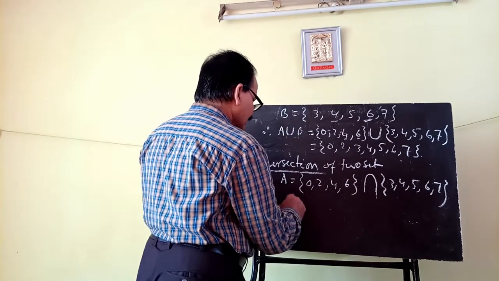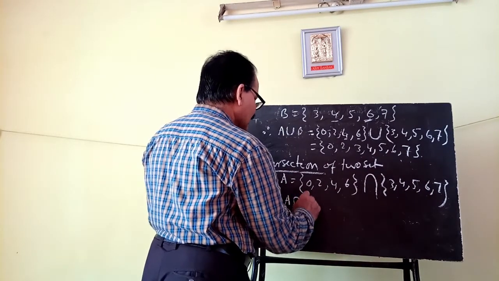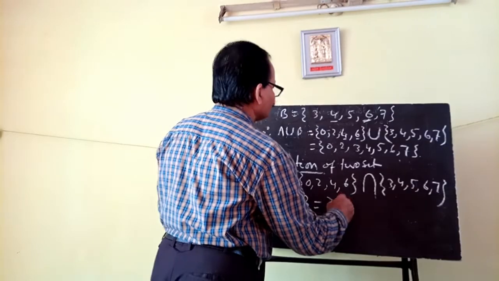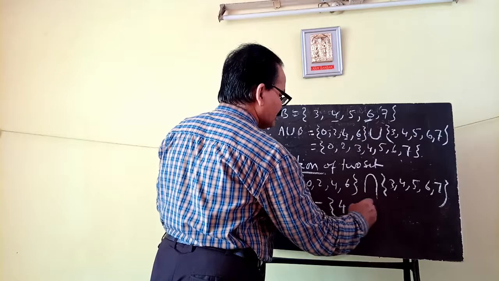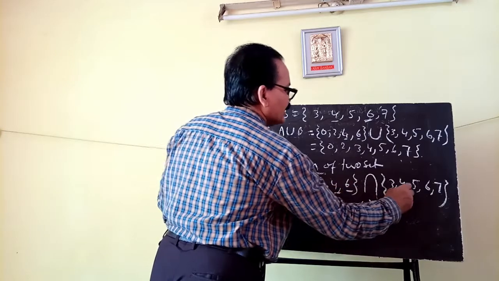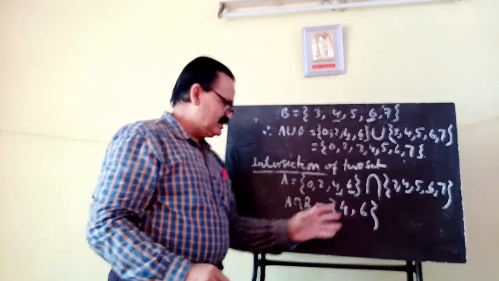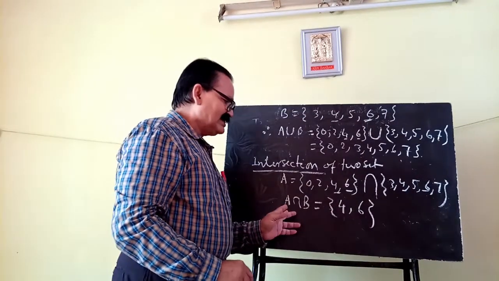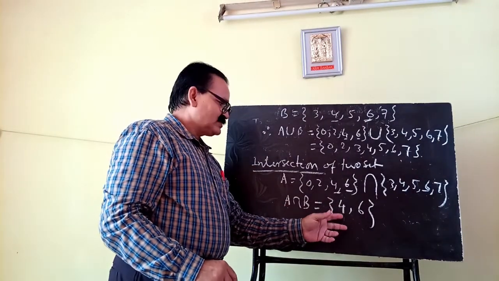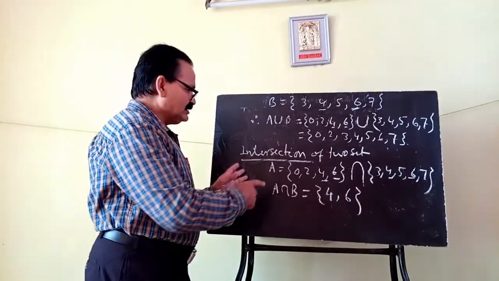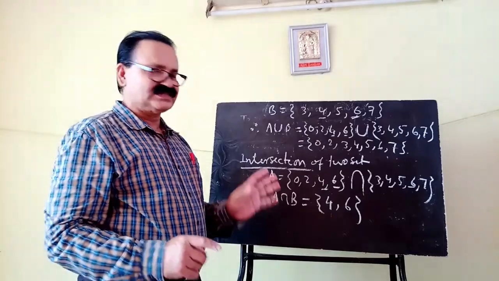So here A intersection B is the set of 4 and 6, because 4 and 6 are common between set A and set B. Clear? So this is about the intersection of sets.